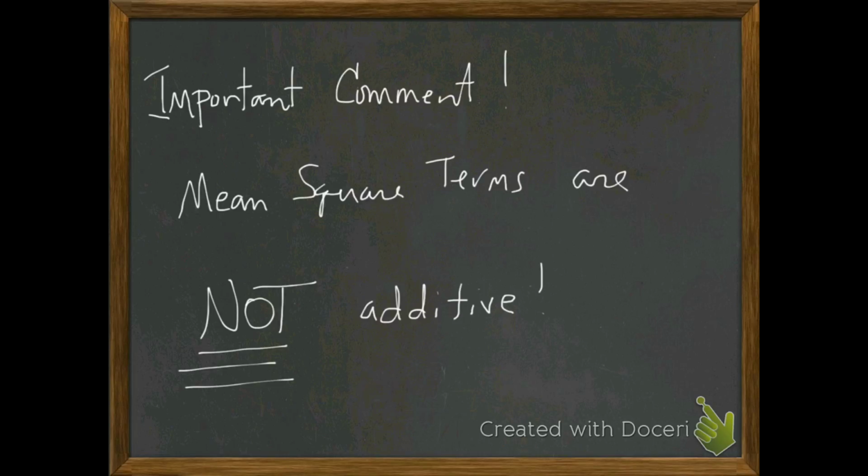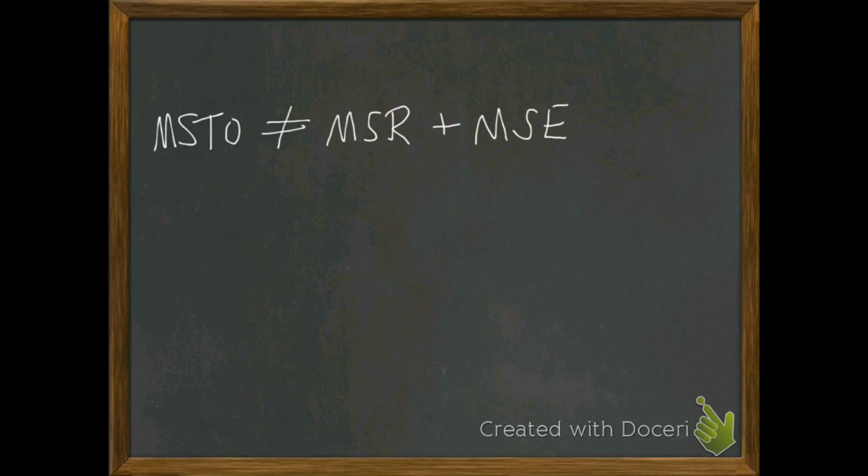Degrees of freedom are additive, sums of squares are additive, but the mean square terms are not additive. What I mean by that is the mean square for the total will not be equal to the mean squares for the regression plus the mean squares for the error.